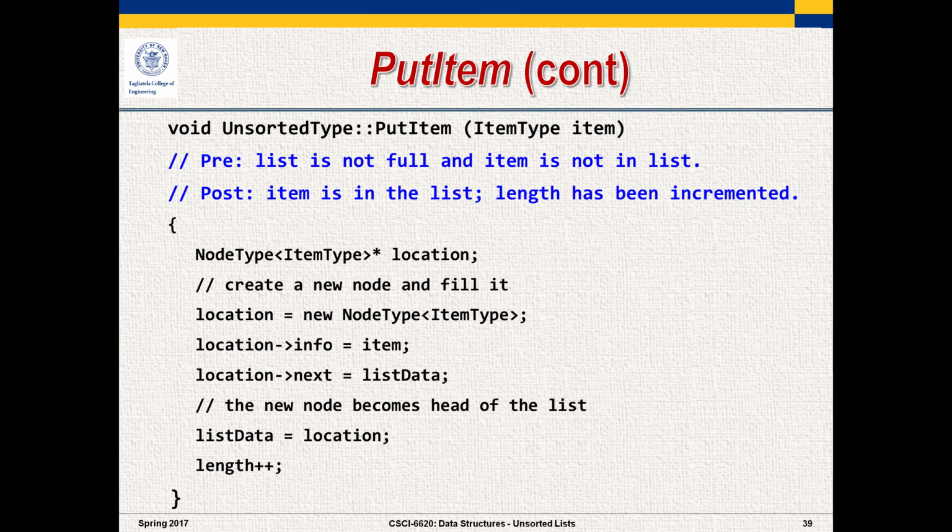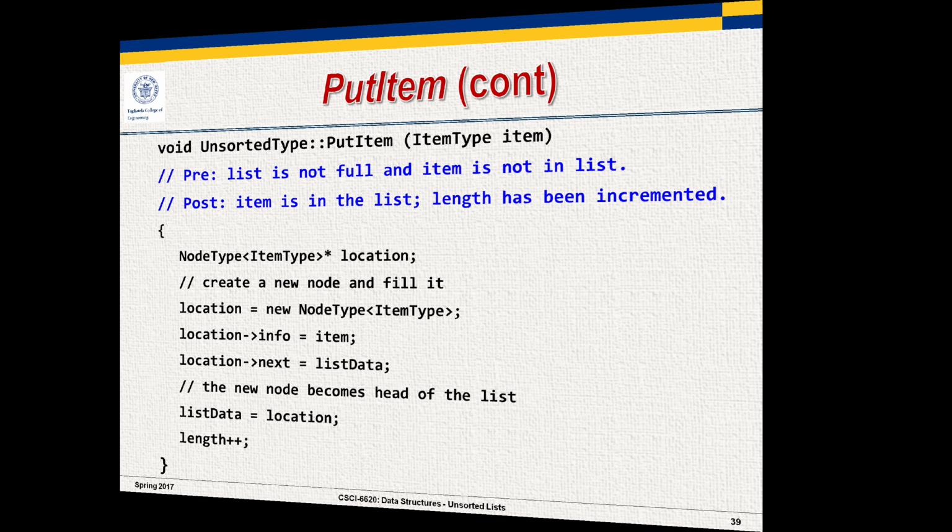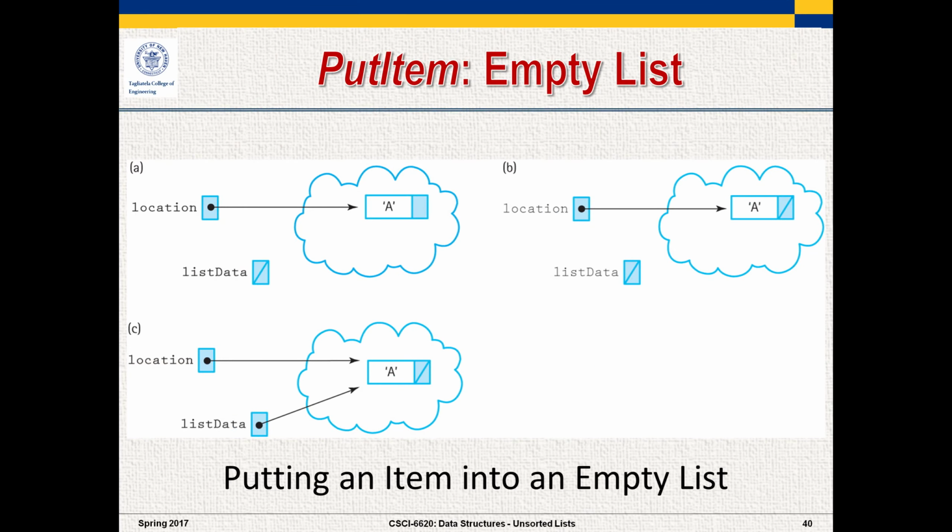So PutItem, actually we will look at this in a little bit more detail. I'm going to have another discussion where we actually look at the code for these two alternatives, but basically this describes what we had just gone over. So PutItem, if it's in an empty list, list data, remember, is the pointer to the list. We create a new node that list data is pointing at.